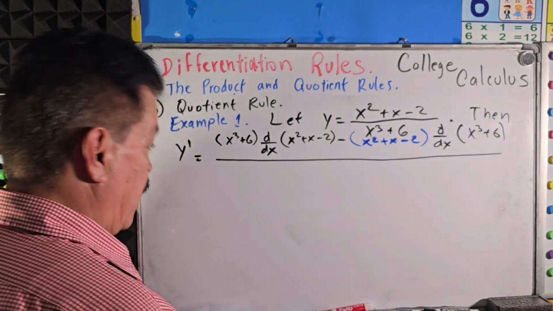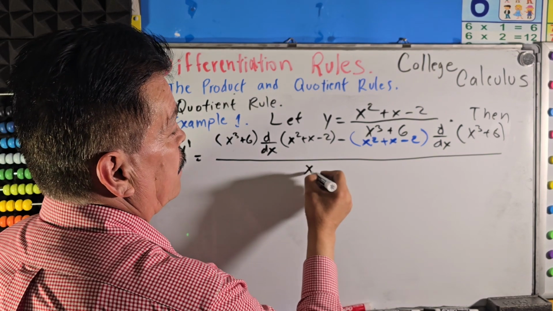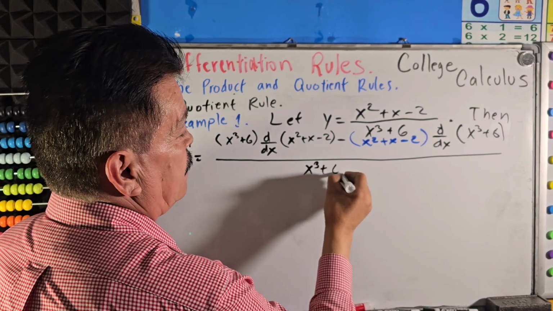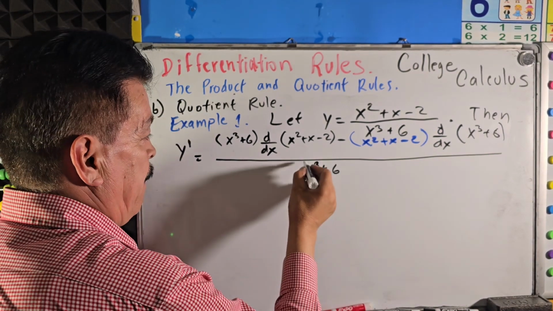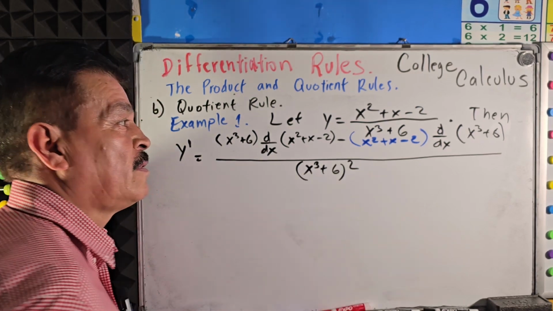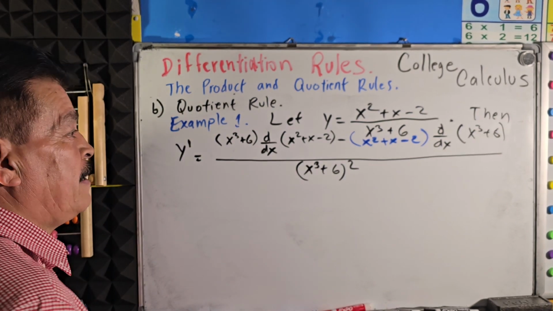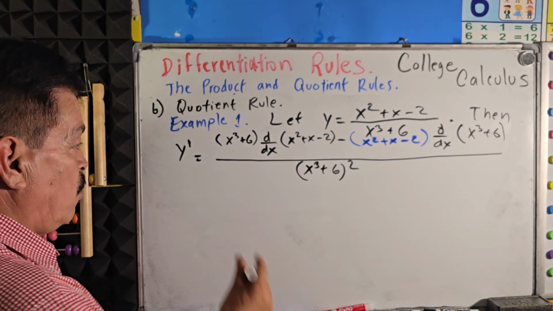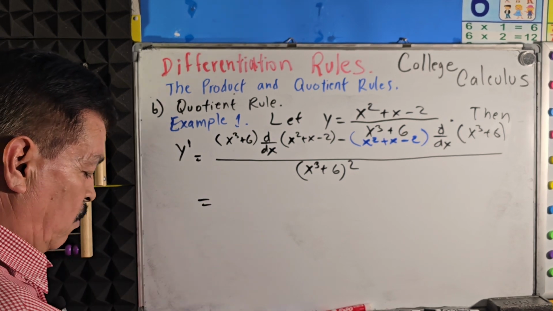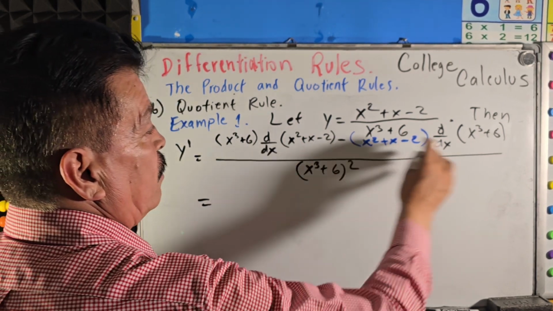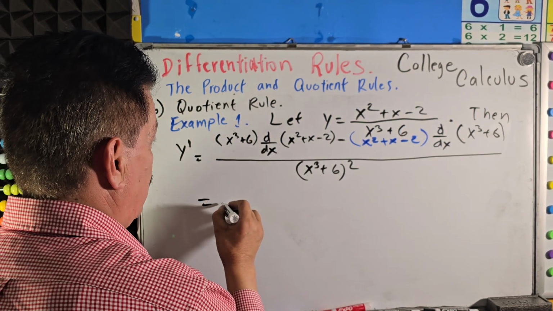Right, and then in the bottom we have x to the third power plus 6, all these to the second power, right? Remember the formula? So I give you all numbers here. So now we have to simplify all these polynomials.